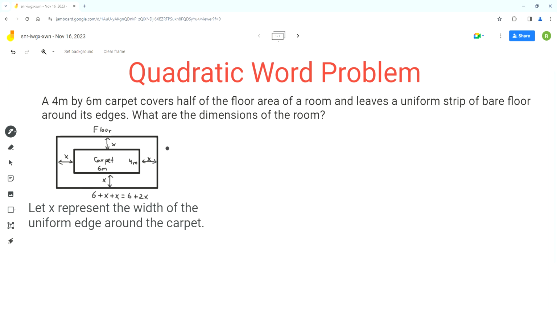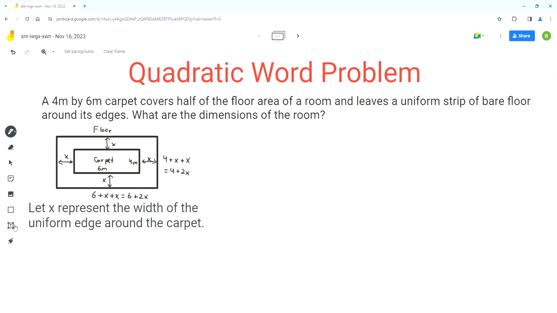Similarly, for the width, we'll do 4 plus x plus x, which is equal to 4 plus 2x, because we are adding the x at the top to the width of the carpet and x at the bottom to get the width of the floor.